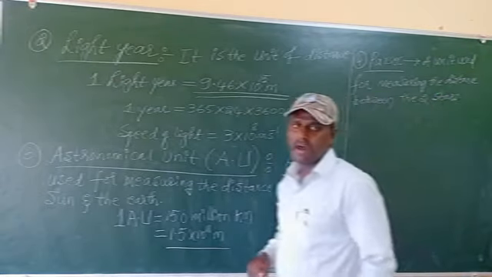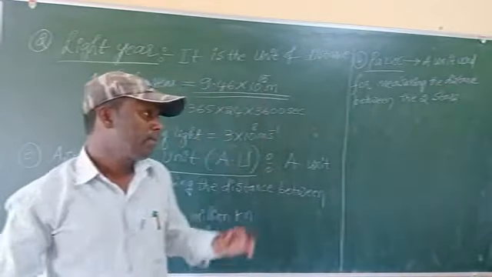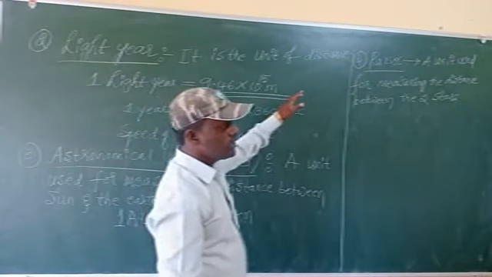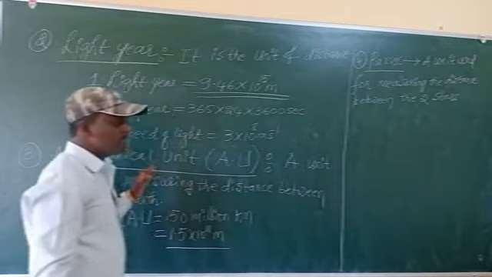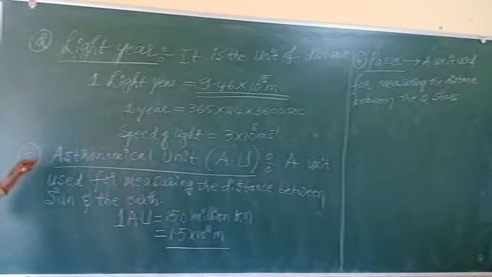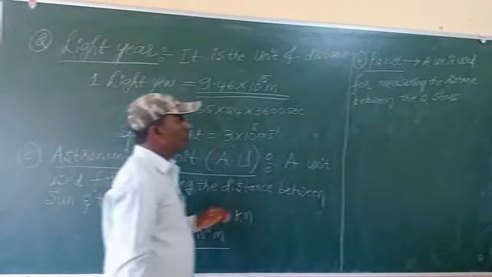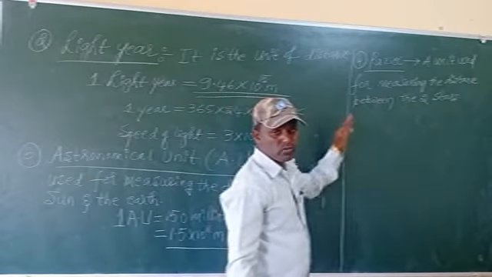What is parsec? Parsec is also a unit, just like the light year or astronomical unit. It is used for measuring the distance between two stars.